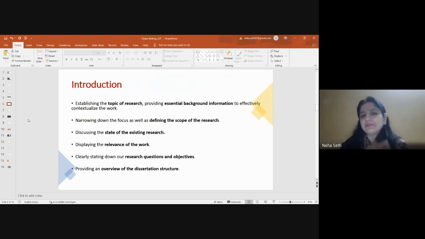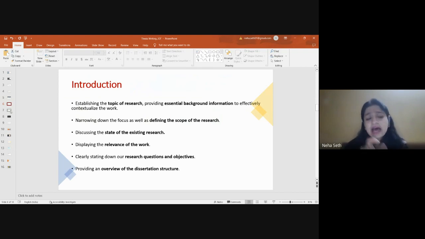Sometimes people put these research questions and objectives at the end as well, in the methodology chapter, because these are based on the hypothesis. So it is okay if you are mentioning them in your introduction chapter, and it is also okay if you are mentioning them in your research methodology chapter. It is perfectly fine.